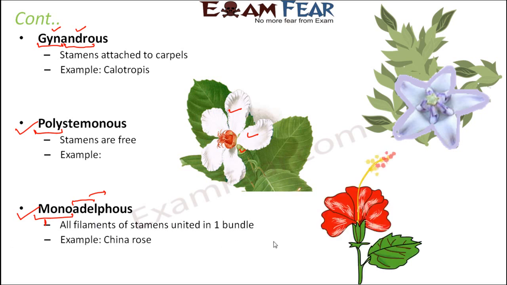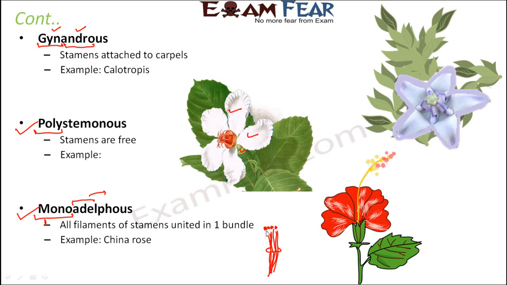So it would be somewhat like this. Let us suppose this is one filament. Again, this is one filament, this is one filament. So this way you have so many filaments. So all these filaments are in one bundle.